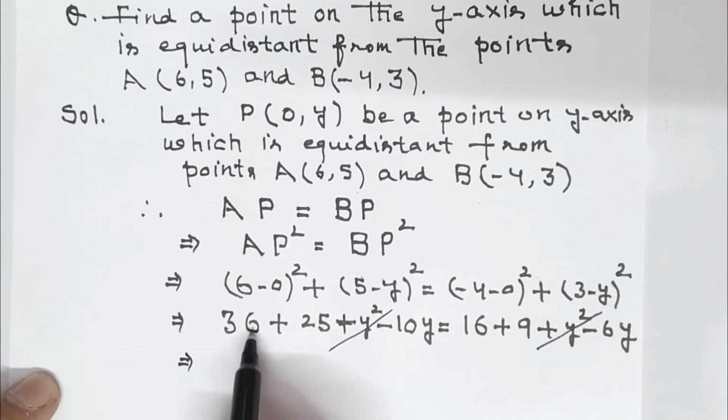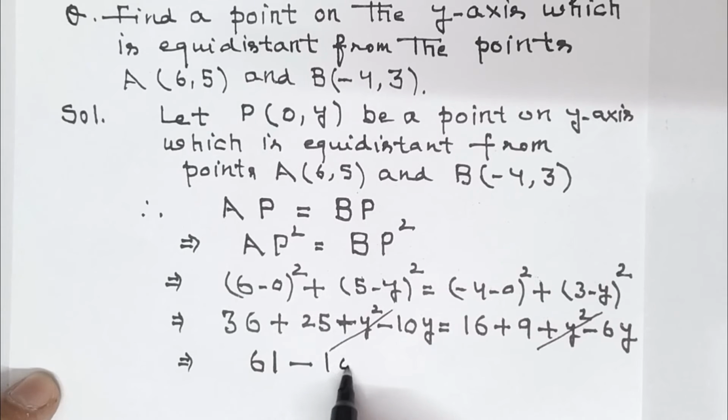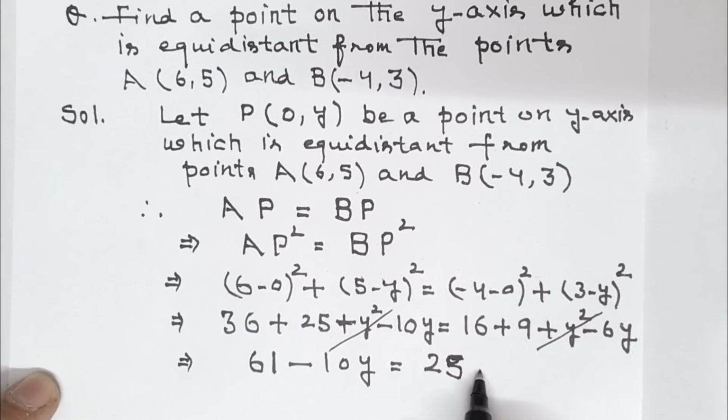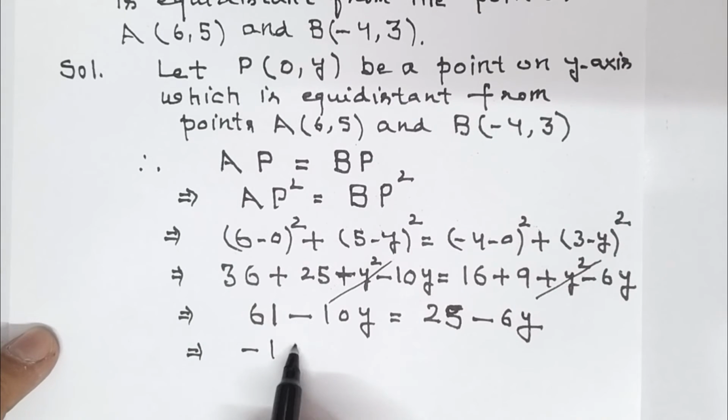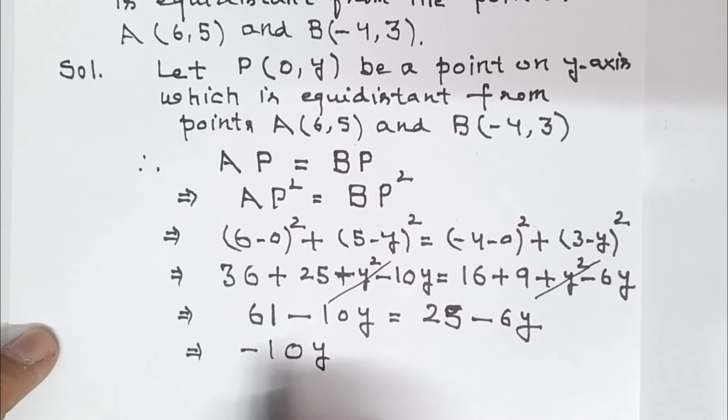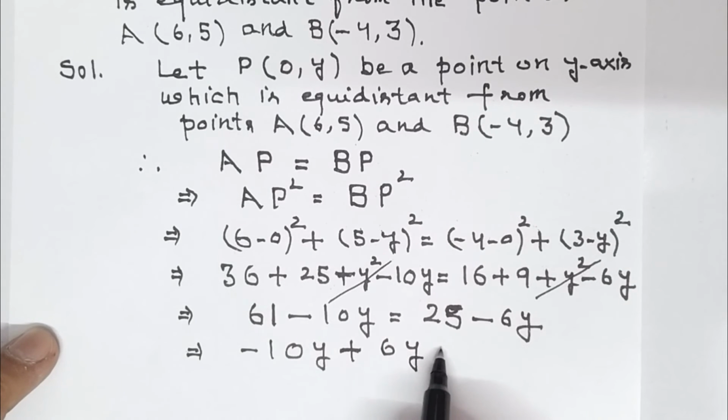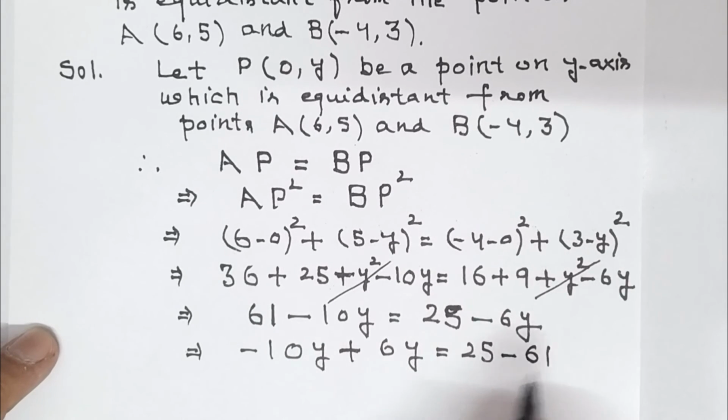Now you solve it. 36 plus 25 is 61, minus 10y is equal to 16 plus 9 is 25, minus 6y. Further, minus 10y and minus 6y: minus 6y will come to the left side of equal to as plus 6y, and 25 minus 61.